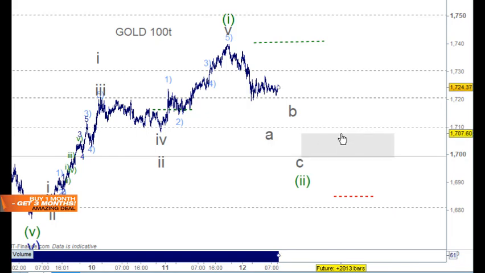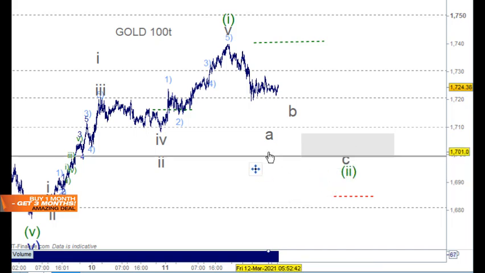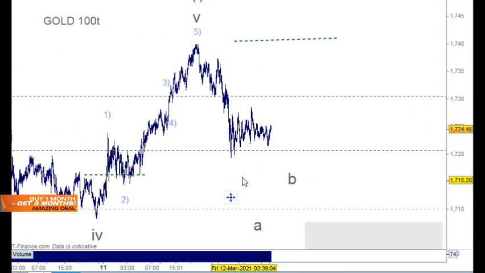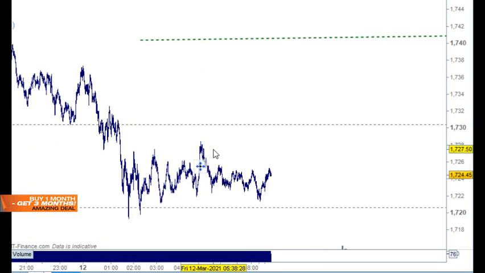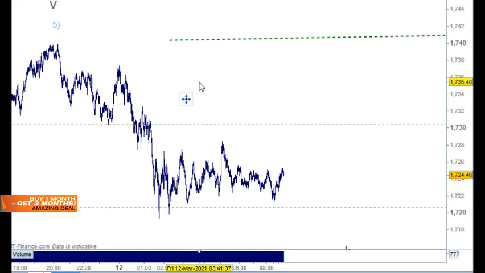Will it pull all this way down into this? I don't know. We can start having a look at the count. Let's just open it up a little bit.